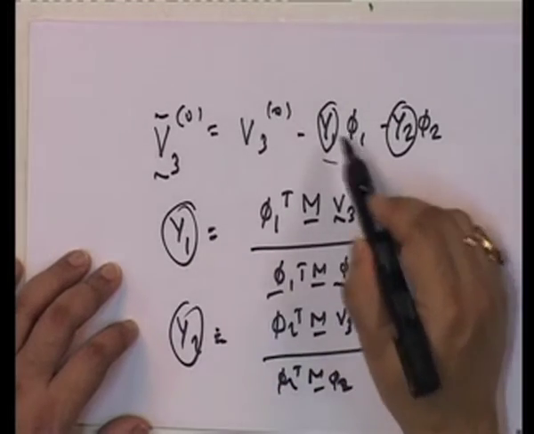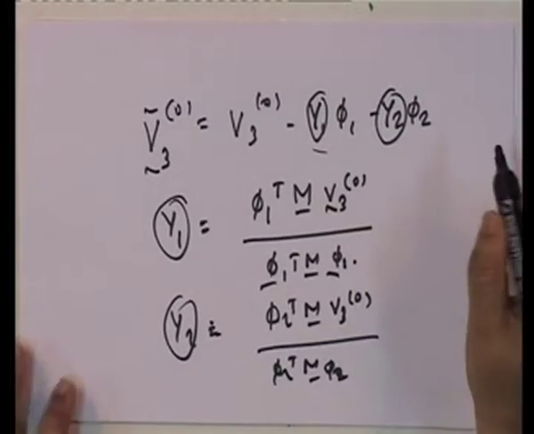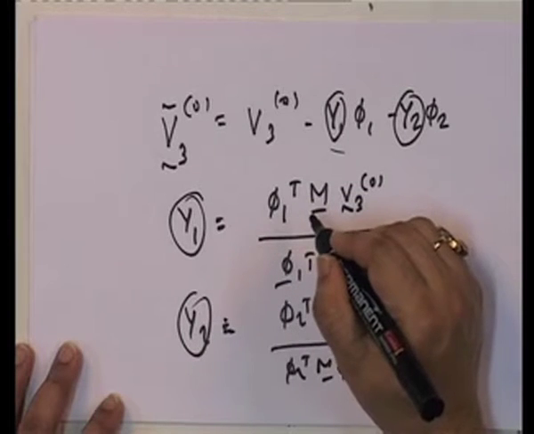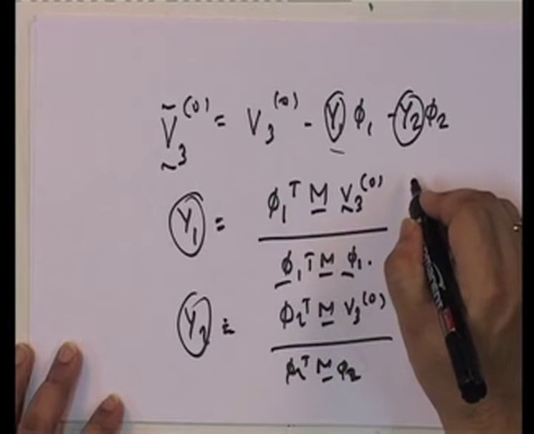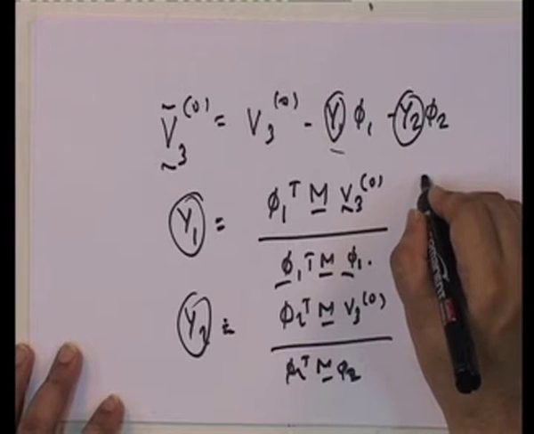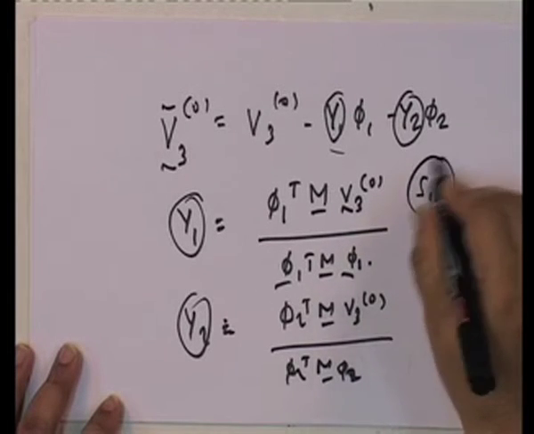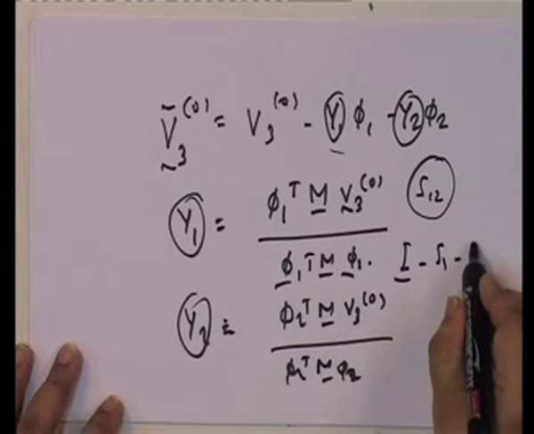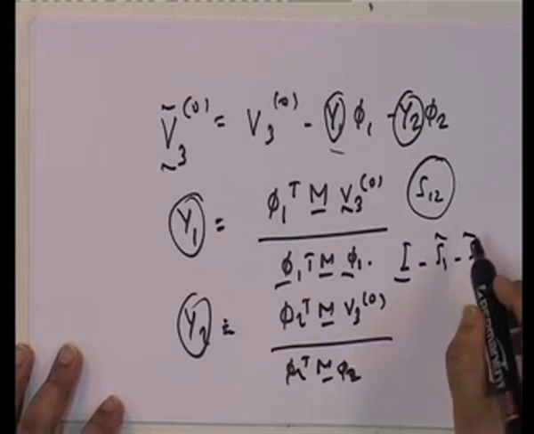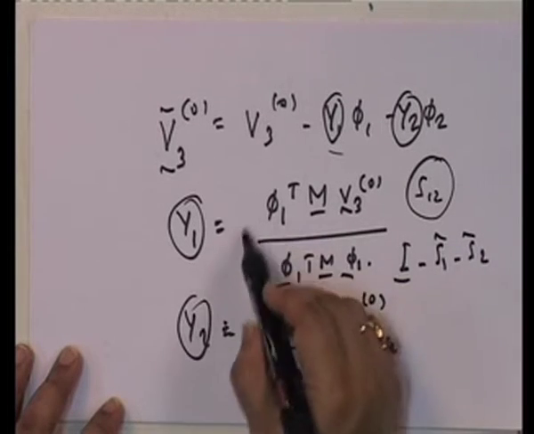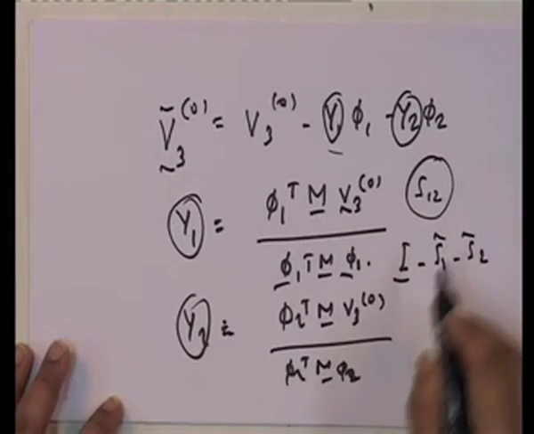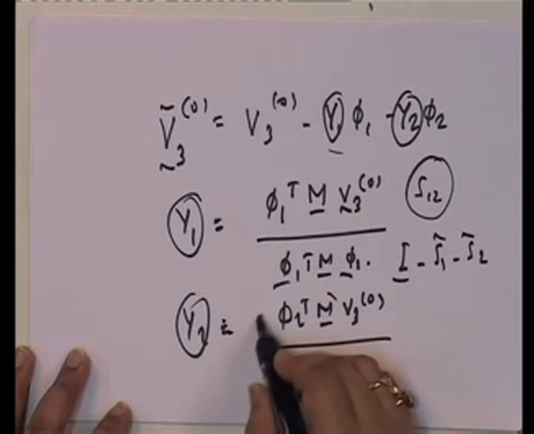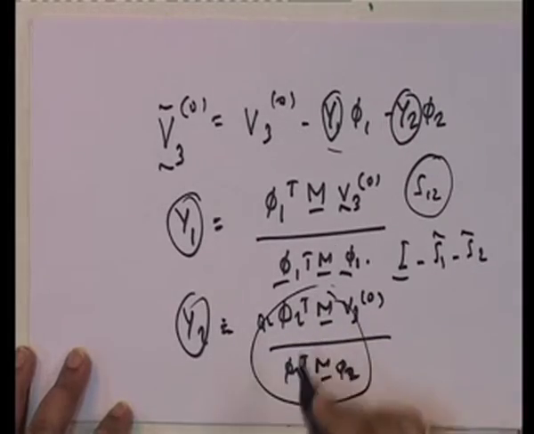Once you find these, you can get them out. And again, we can write down the sweeping matrix for S1, S2 sweeping, which will become I minus S1 tilde minus S2 tilde, where S1 tilde is phi1 transpose and so on, and S2 is phi2 transpose into this.